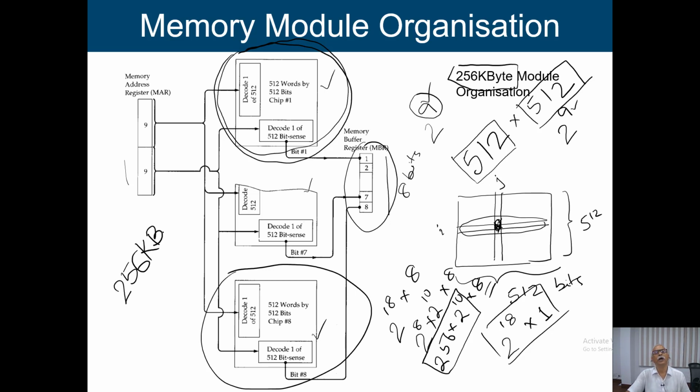That means we have 256 K memory locations, and in each we can store 1 byte of information. We constructed it by combining 8 memory chips, and in each chip we have a total of 256 kilo memory locations, each storing 1 bit of information. This is the way we can look at this organization.